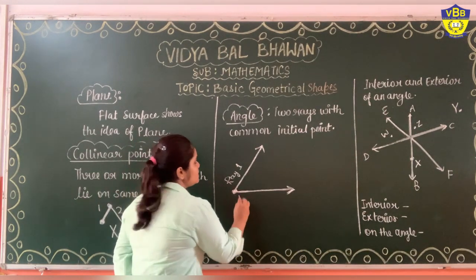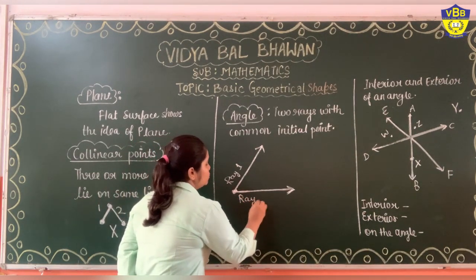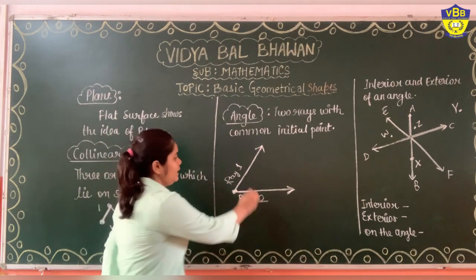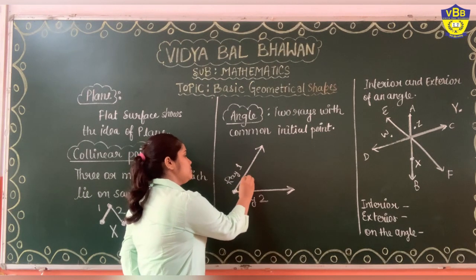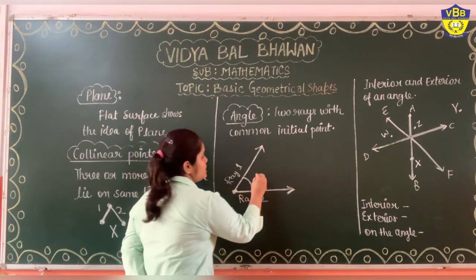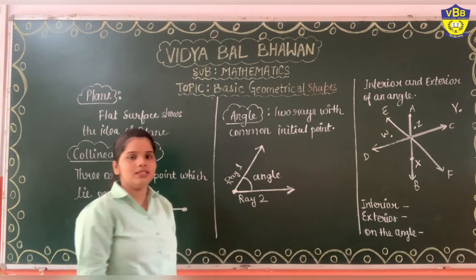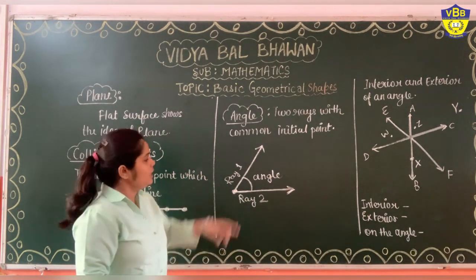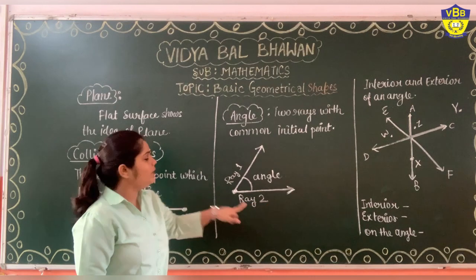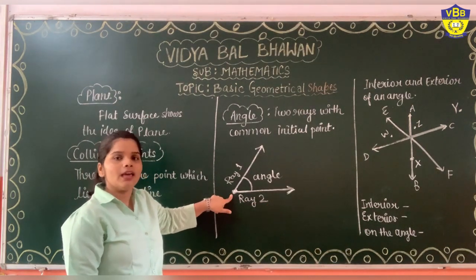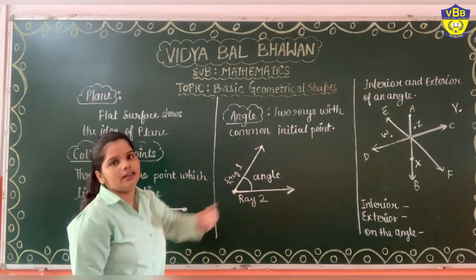So this one is ray number 2. This portion is forming an angle. I hope this is clear to all of you. Two rays with the same initial point form an angle. This is the angle now.